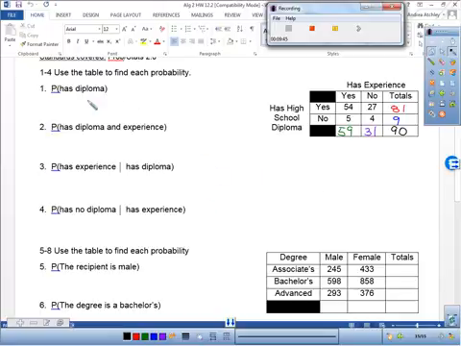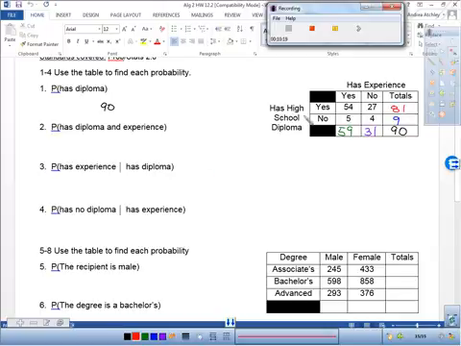Okay, so the first ones are, again, just a basic probability. Of the people I talked to, how many of them had a diploma? So I talked to 90 people, and of those, how many said they had a high school diploma? 81 of them said that they had a high school diploma.